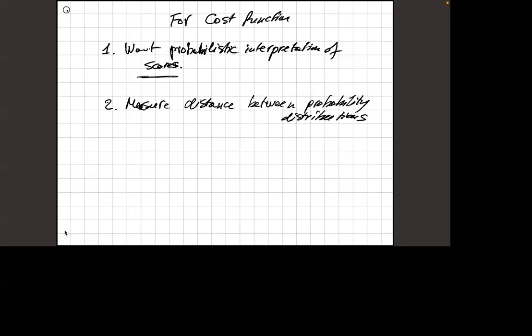These are two distinct steps that add the final bits to our architecture. So let's consider the output layer.